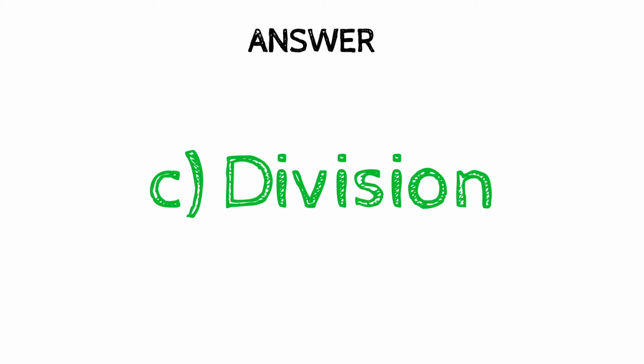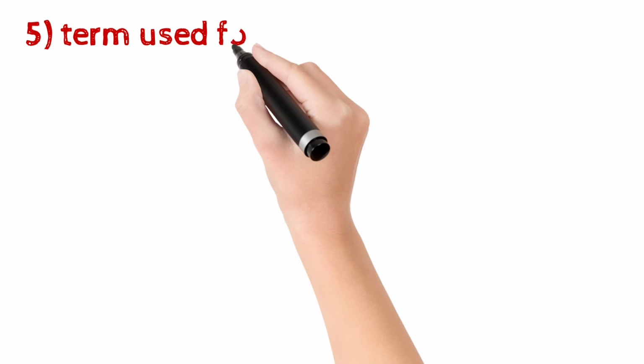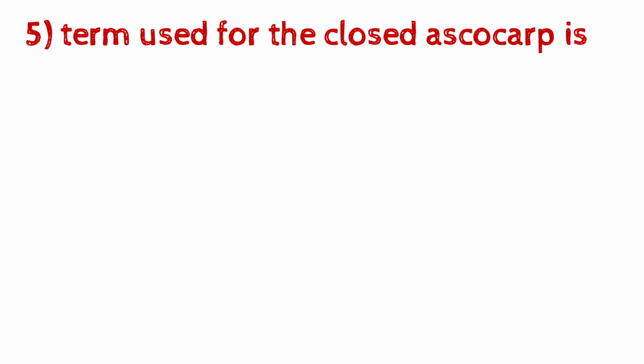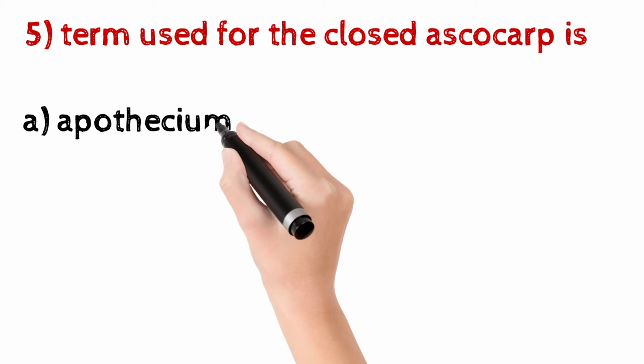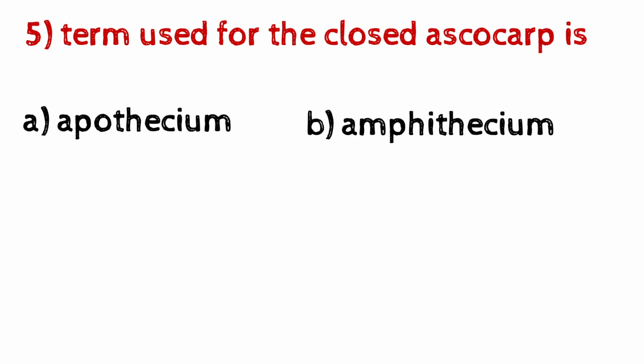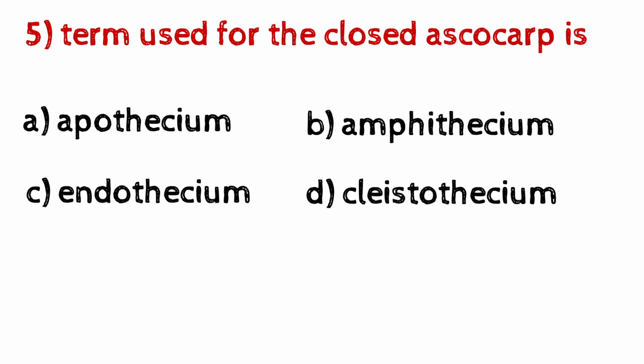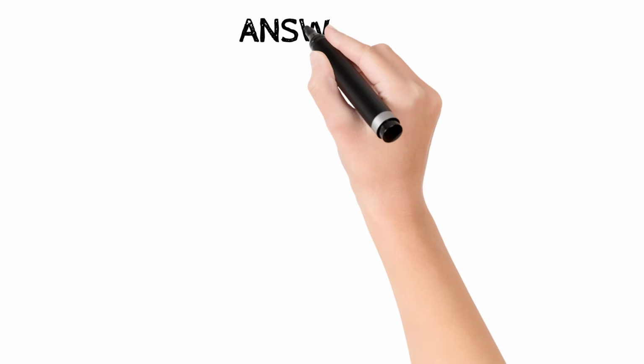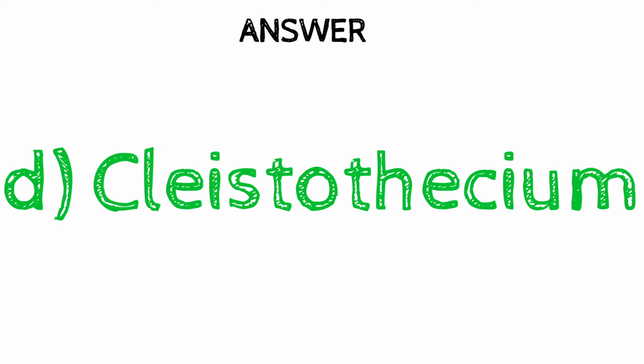The next question is, term used for the closed ascocarp is: A, apothecium, B, amphithecium, C, endothecium, or D, clistothecium. And the answer is D, clistothecium.